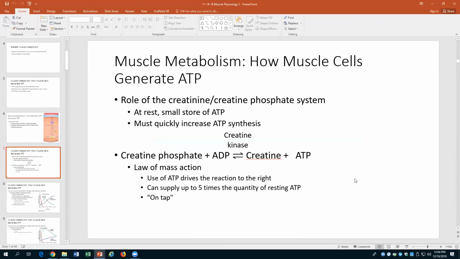In order to generate ATP, this enzyme, creatine kinase, was going to have to take the phosphate group from creatine phosphate, put it onto ADP, and that's going to give us, driving this reaction to the right, creatine and ATP. And we could use that ATP to contract muscle.